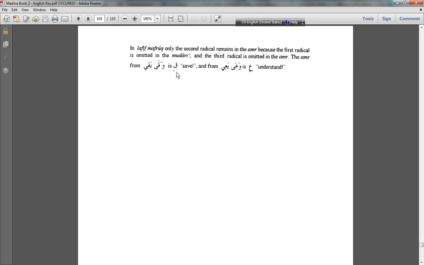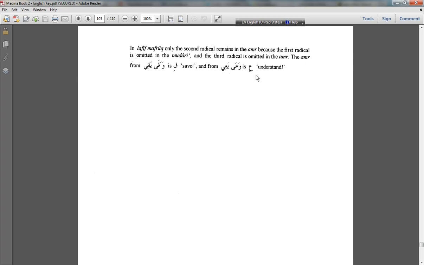You're probably not aware of it, but when we make dua, we say wa qina adhab an-nar. Oh Allah, save us. Wa is and, qi, save, na, us, from the punishment of the fire.